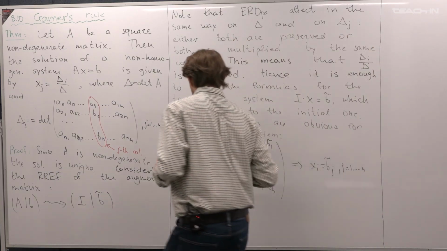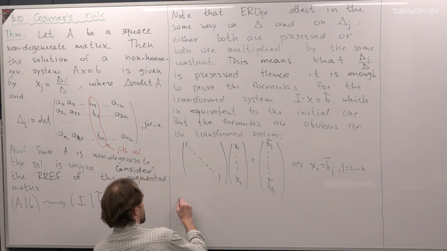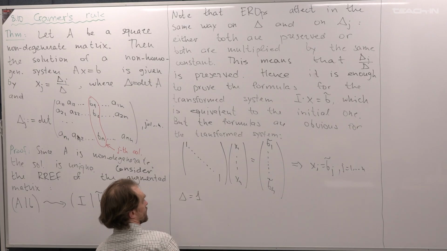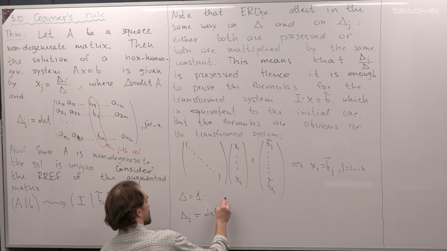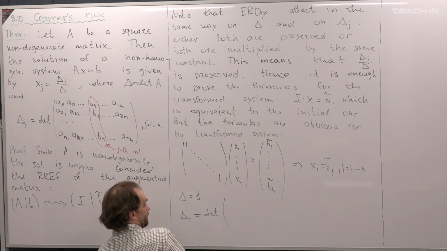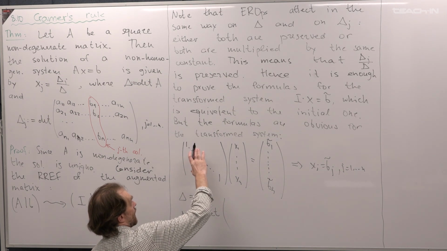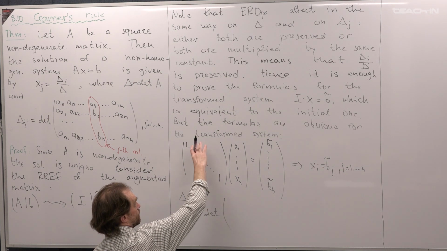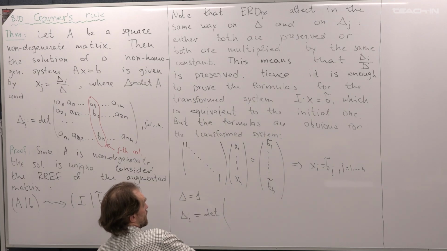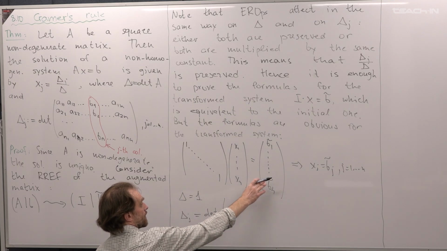And on the other hand, what is delta? Delta is 1, just because it is the determinant of the identity matrix. And delta sub j is the determinant of the matrix where the jth column is replaced by the right-hand side.